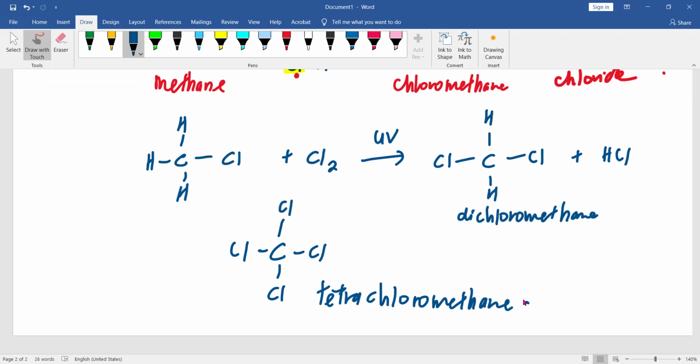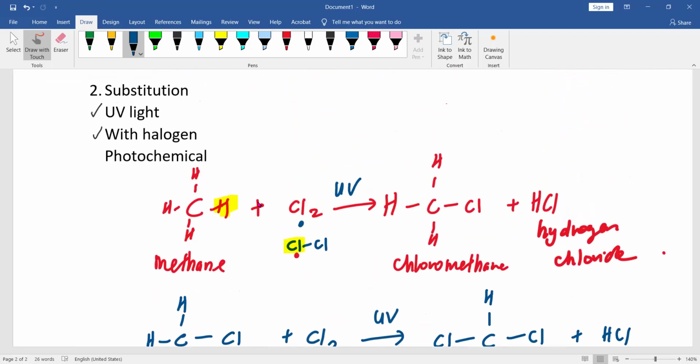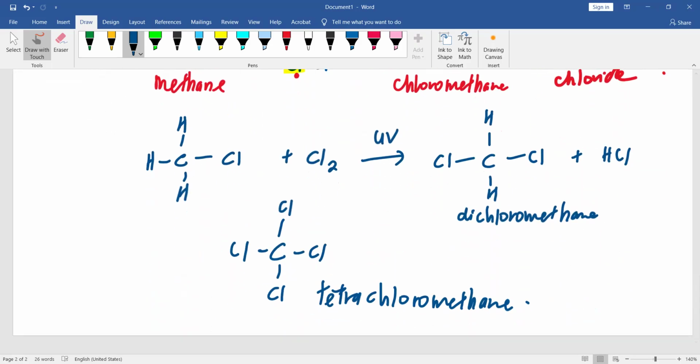It swaps one by one, from four hydrogens down to none, now remaining four Cl. It doesn't matter because it's reacting at a very big place. So it just keeps reacting.